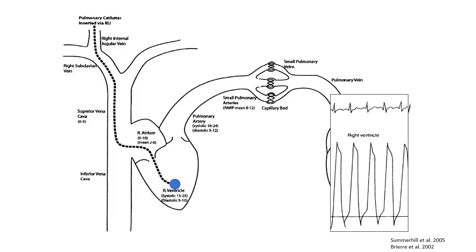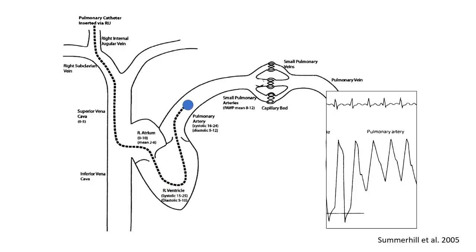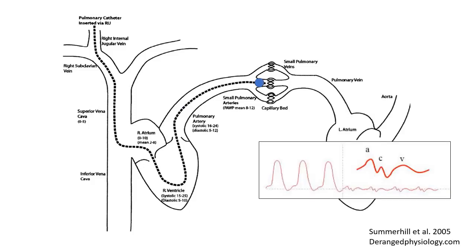You're going to then advance from the right atrium into the right ventricle. You're going to see a change in your pressure waveform tracing. And as you further advance the PA catheter, you're then going to see another change. And you'll notice here we see a step up in our diastolic pressure. We also see a dicrotic notch similar to our A-line once we get into the PA. If we're going to wedge the catheter, we're going to keep going.